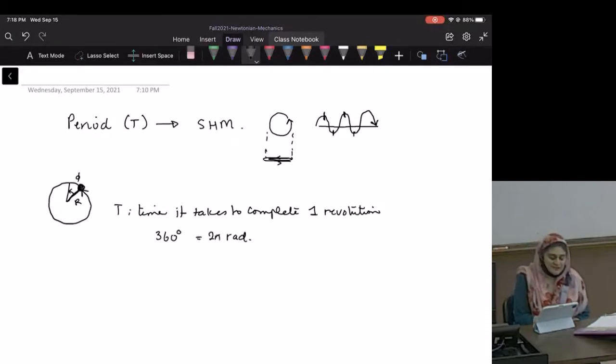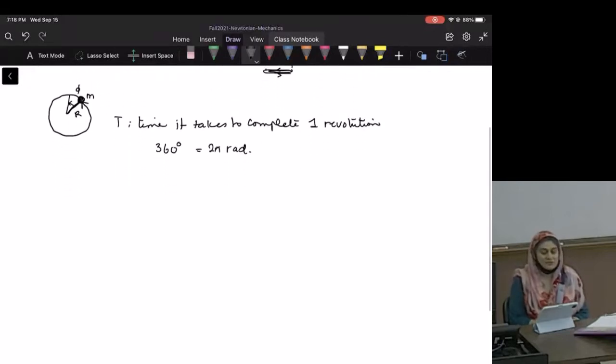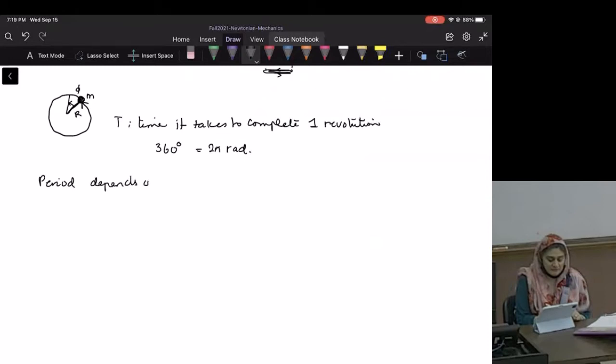Now, if this mass is m, what does this motion depend on? If I want to find the period of this motion, what does it depend on? Let's start at the beginning. Imagine this is a motion happening in the XY plane.